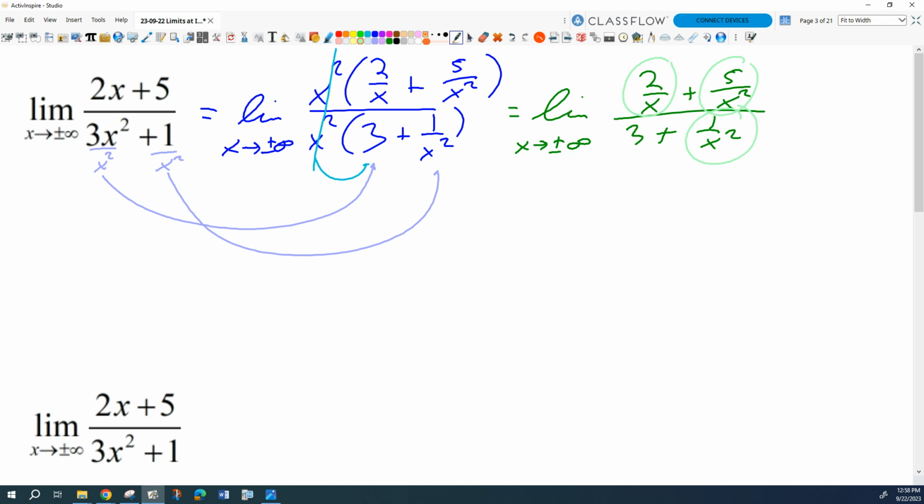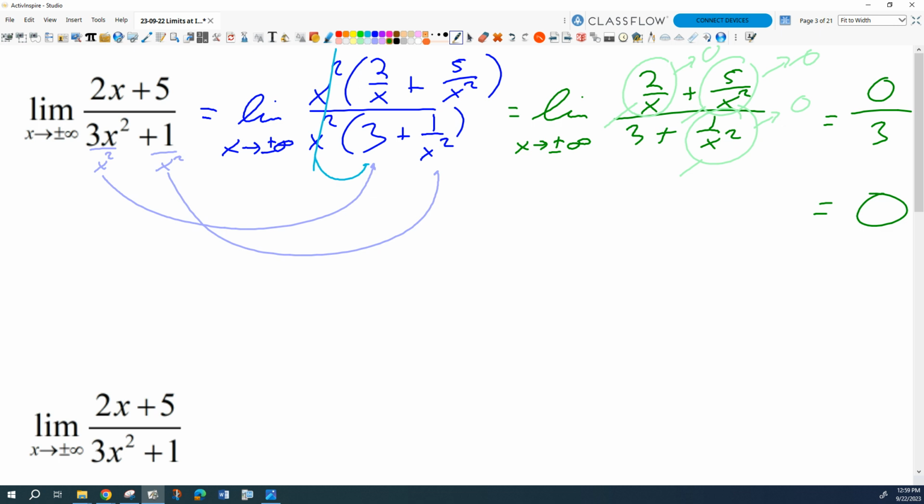Because I've got a constant divided by an infinitely large number, which is very, very small. So those are all approaching 0. So when we take our limit, we end up with the result 0 plus 0 over 3 plus 0, right?